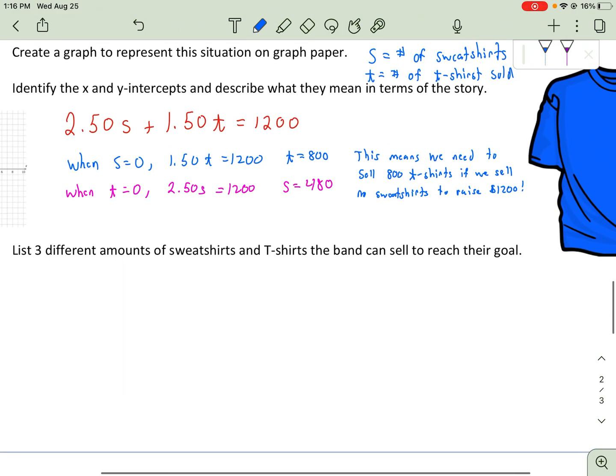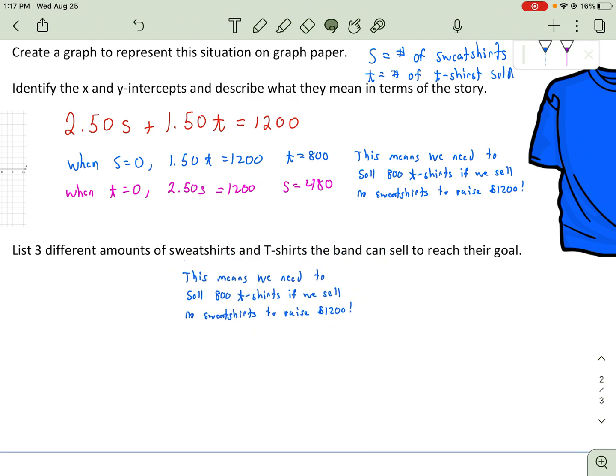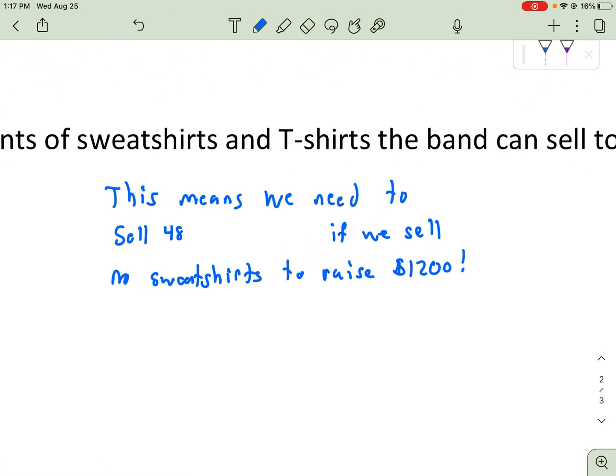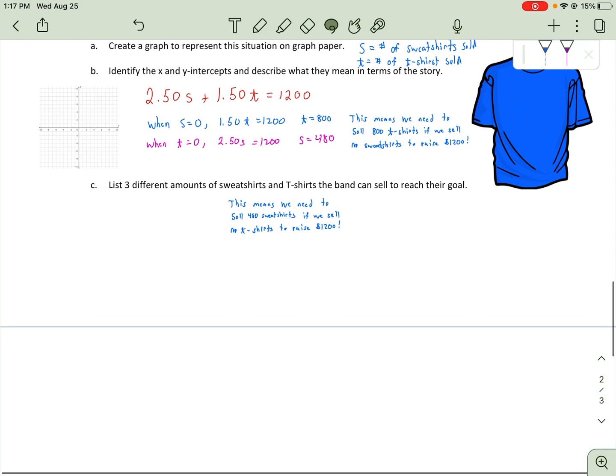And then the pink is a similar thing, except it means we need to sell 480 sweatshirts if we sell no t-shirts in order to raise $1,200. Okay, so hopefully that makes sense to you.